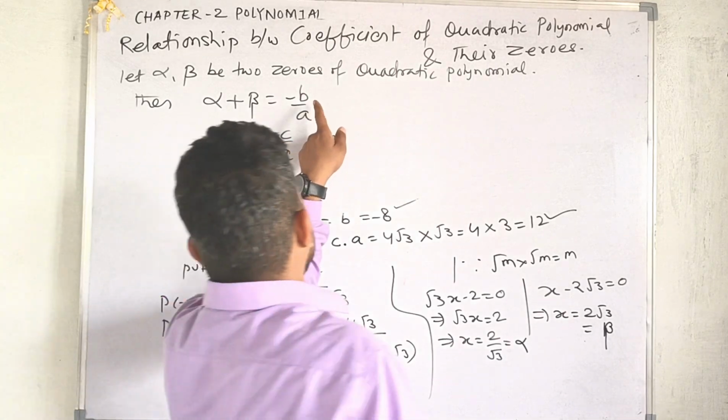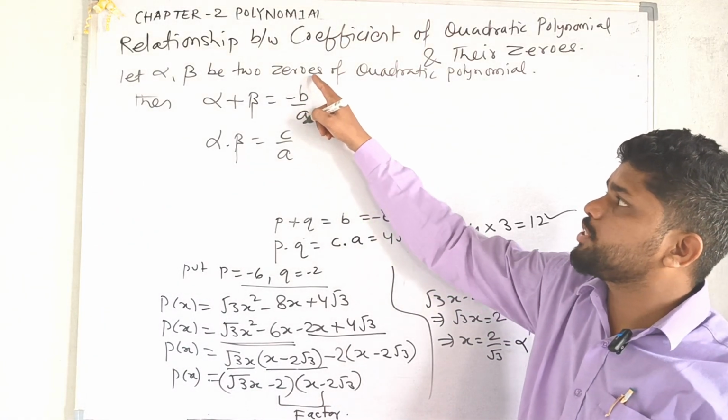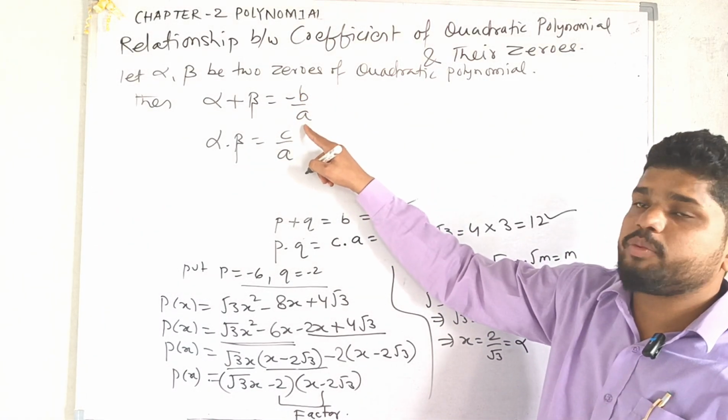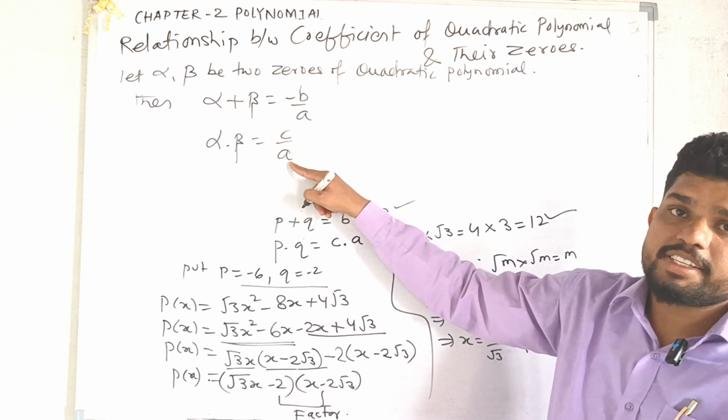Here b is the coefficient of x, so we take the negative of the coefficient of x, and a is the coefficient of x square. c is the constant term.